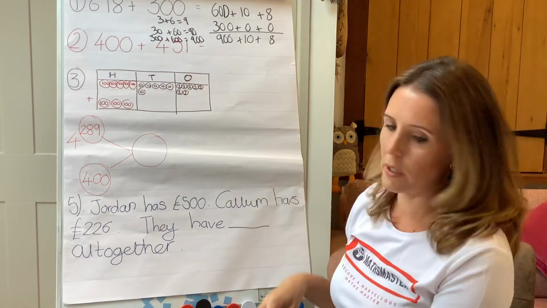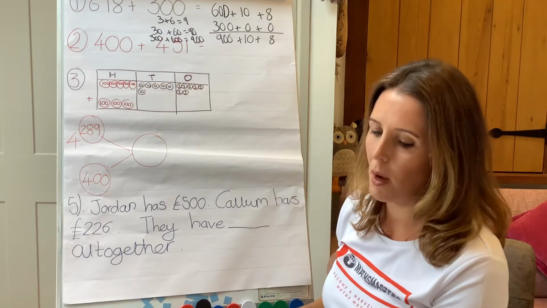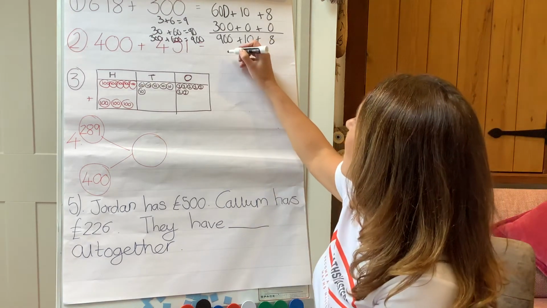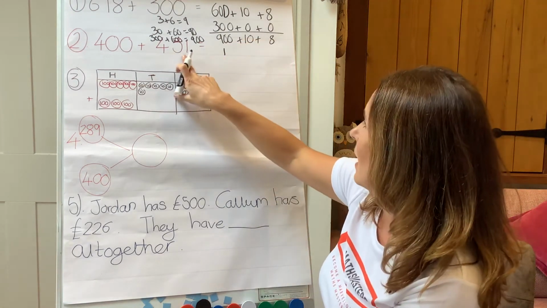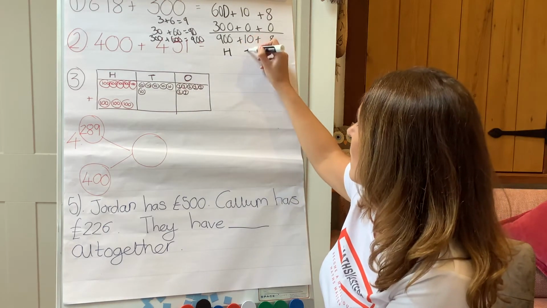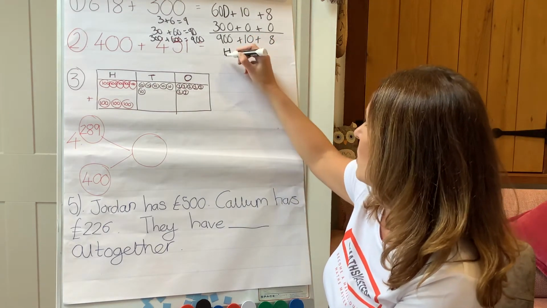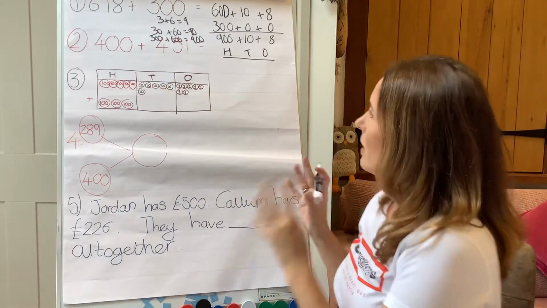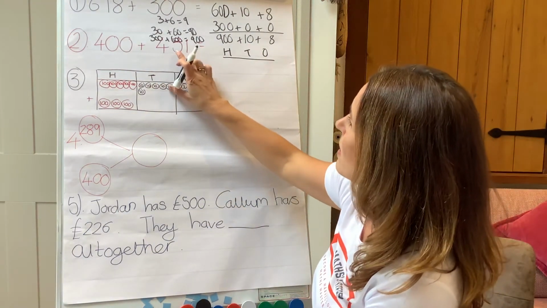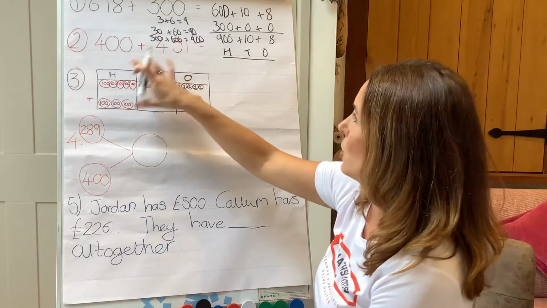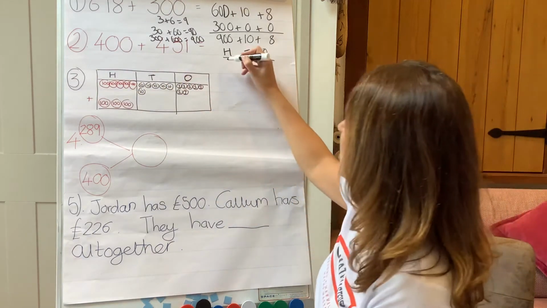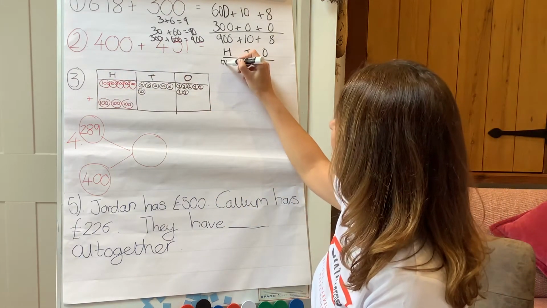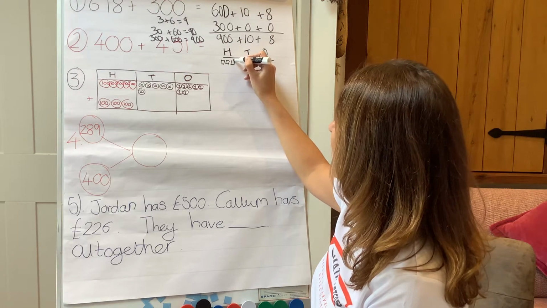Second one, 400 and 431. We can think about this mentally. So the 431 with the 400, the ones and the tens column isn't going to change, it's just the hundreds that's going to change. I'm going to show this on a place value grid.